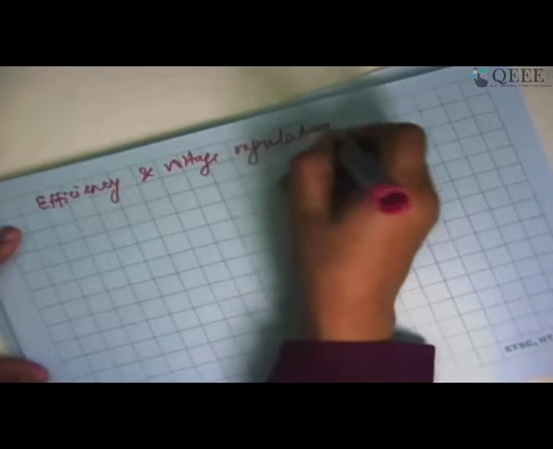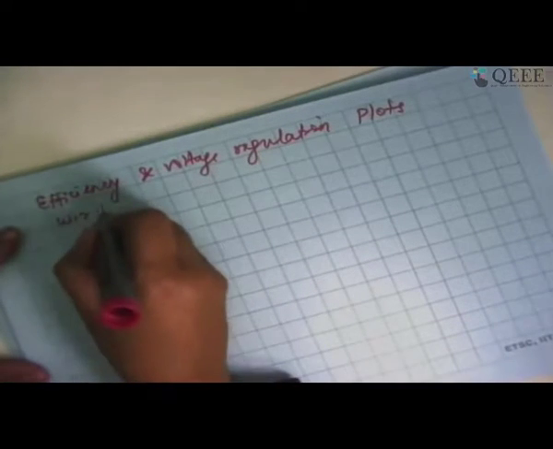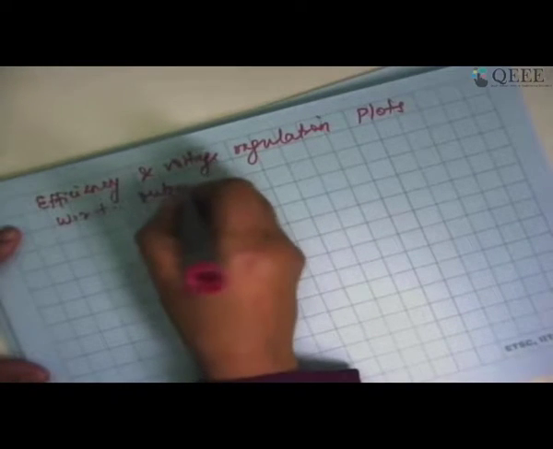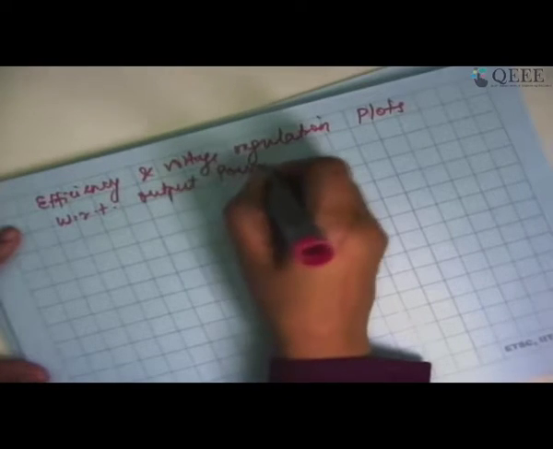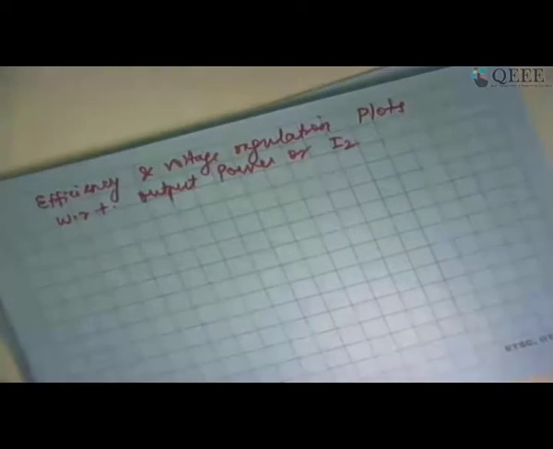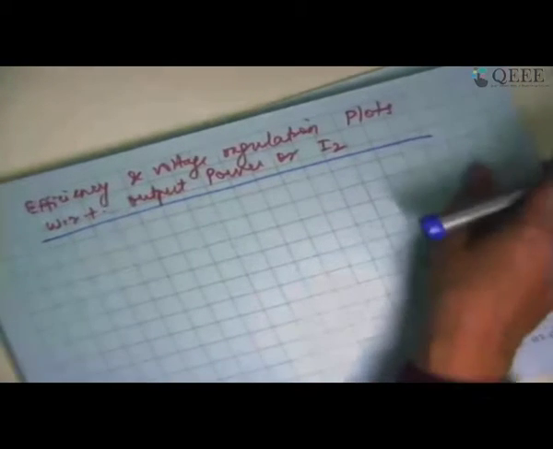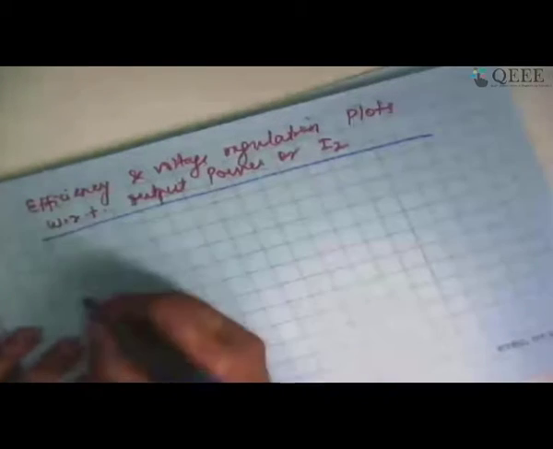And voltage regulation plots with respect to output power or output current. This is what we are going to do next. So we want to look at how the efficiency and voltage regulation change.